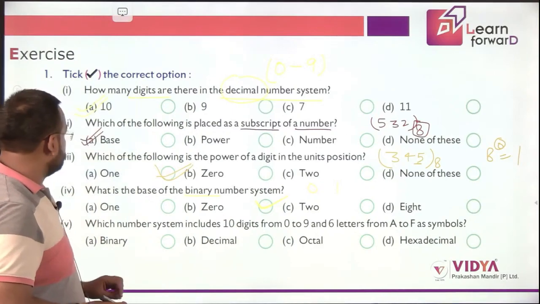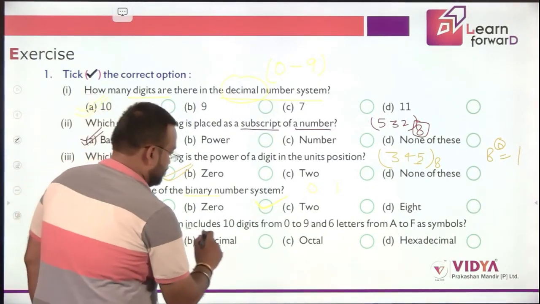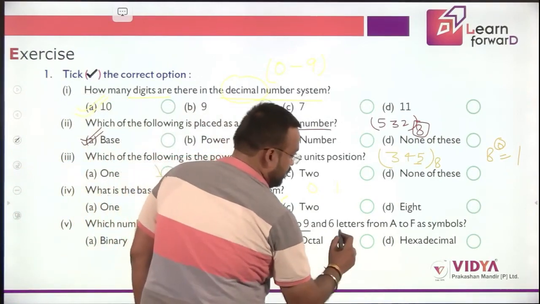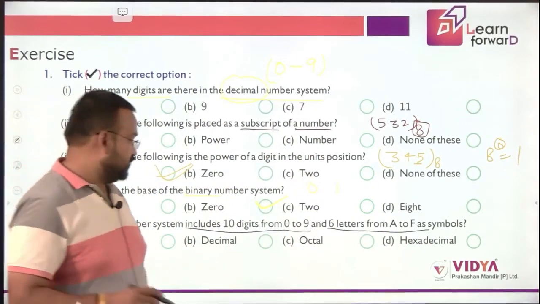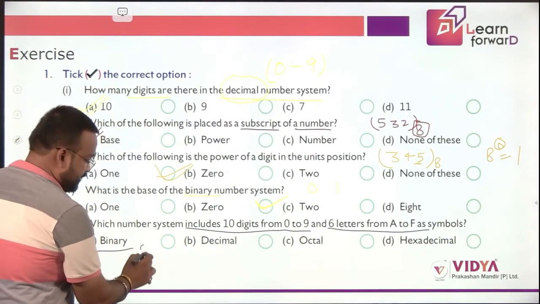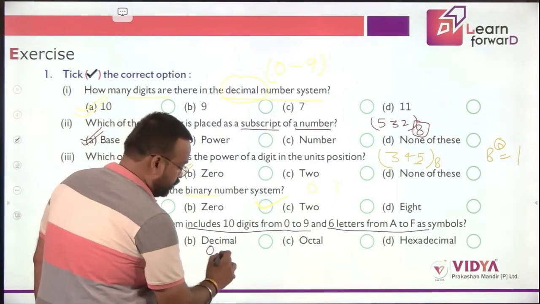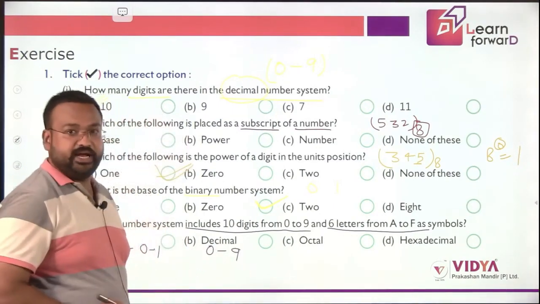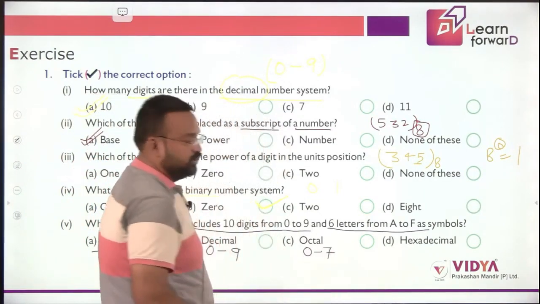And the last question we have: which number system includes 10 digits from 0 to 9 and 6 letters from A to F? I hope everyone knows this answer. In binary we are allowed only 2 digits, 0 or 1. In decimal we are allowed 0 to 9 only. In octal it is 0 to 7.